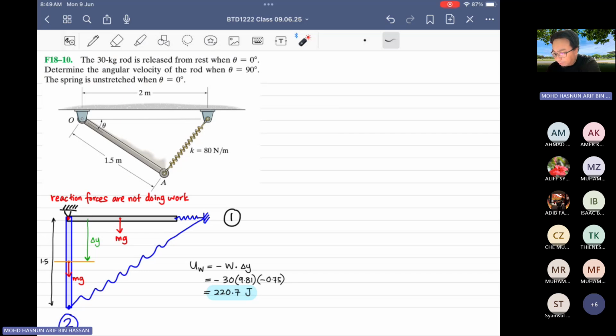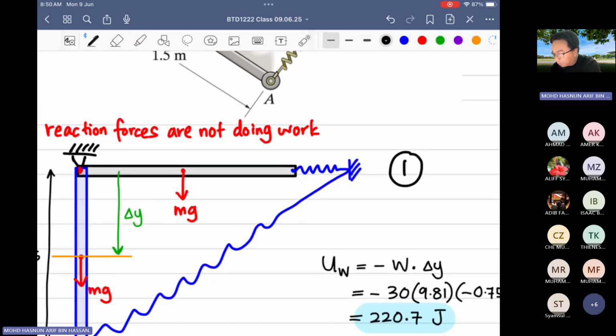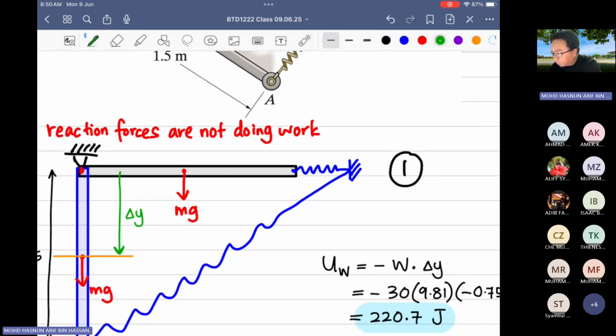We have a clue in the question: the spring is unstretched when theta equals 0. This means that at position number 1, the spring is unstretched.